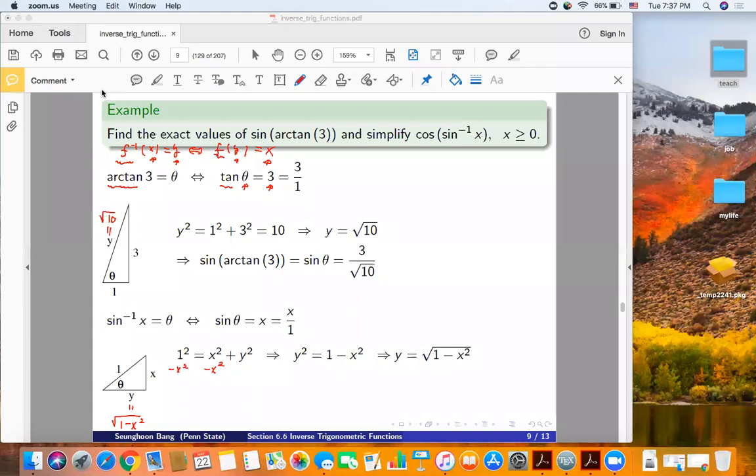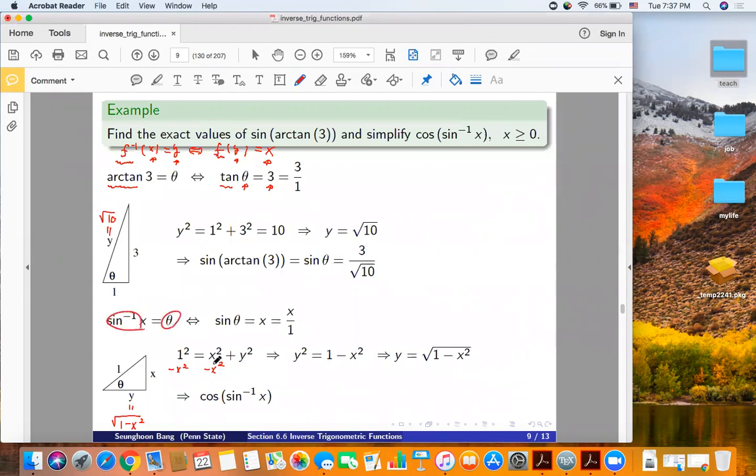The next, we go back to the original problem, cosine of inverse sine. You plug inverse sine of x in as theta. This is called theta, so we have cosine theta. What's cosine theta? The cosine theta is this one.